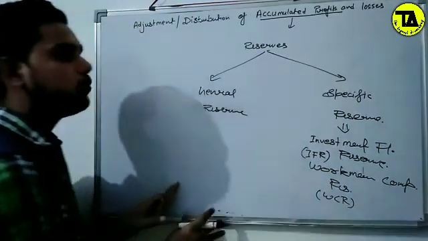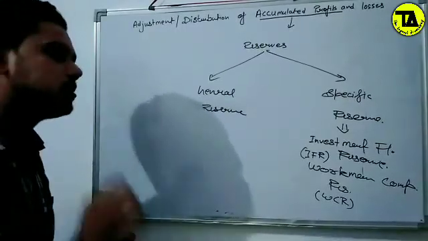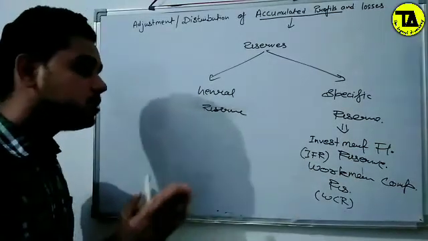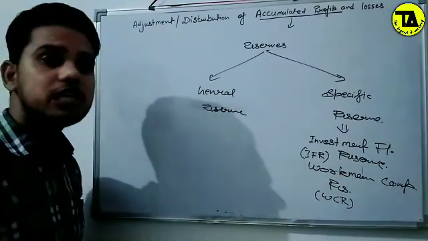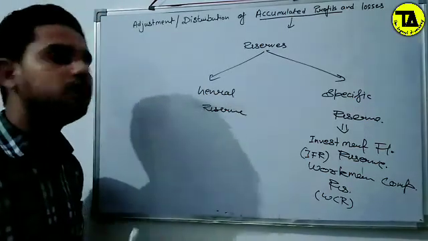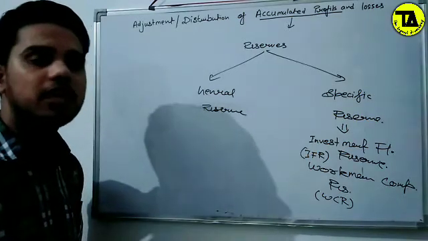Now see, why we create workman compensation reserve. Let's try to understand a specific reserve with this example. Workman compensation reserve is a reserve which is created to compensate our factory worker if they suffer any kind of loss while working in our factory.